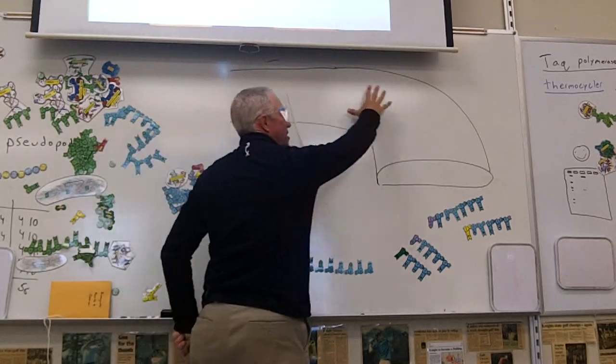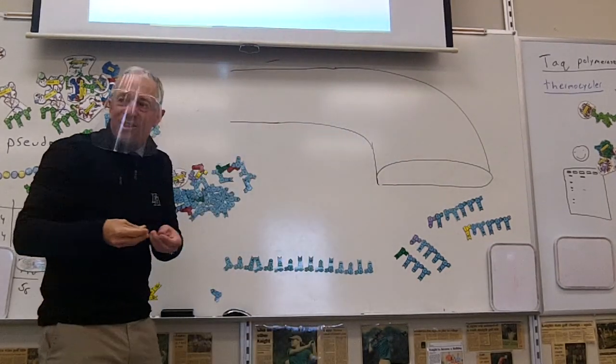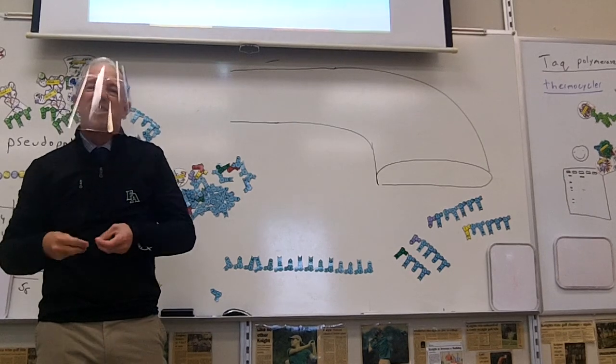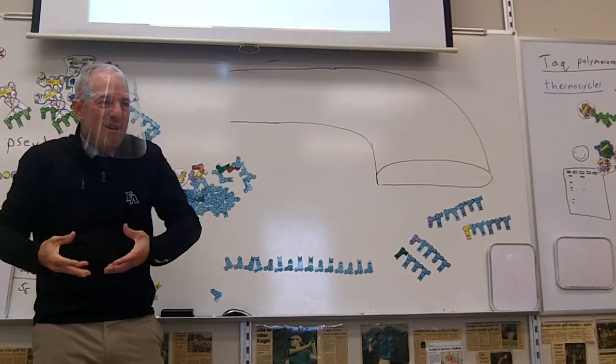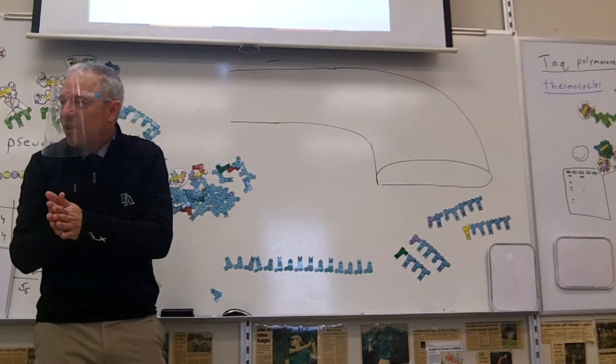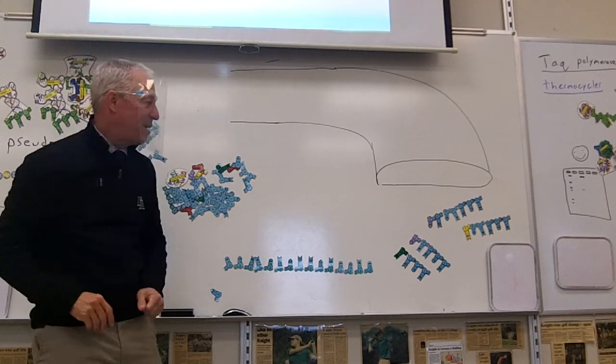Y'all know what agar is? The thick stuff in the petri dishes. It's viscous. Have you ever heard that word? Yeah. Viscous means thick, like oil. It's not like water. It's thick.